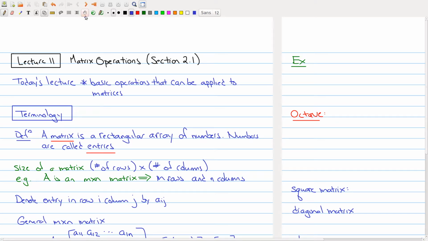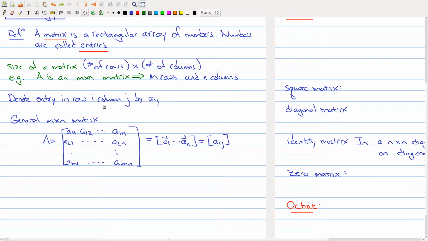More generally, we may talk about a general m by n matrix. Here I have entry a11 in row 1, column 1, entry a12 in row 1, column 2, and so on. So I can represent my m by n matrix in this form.